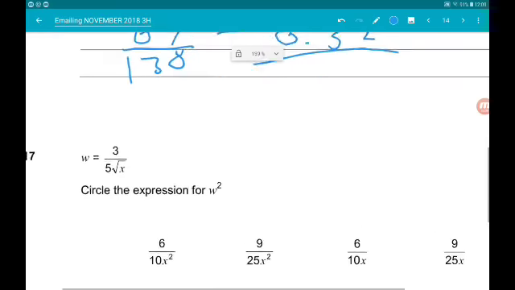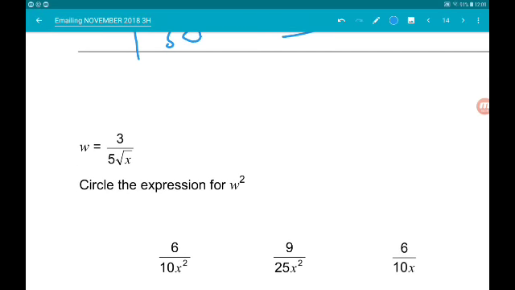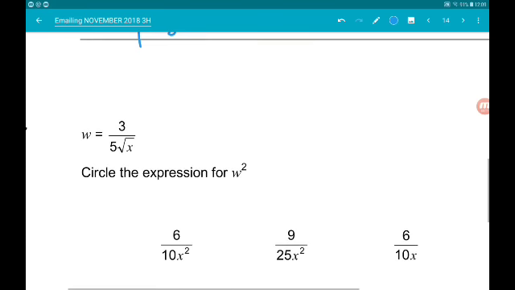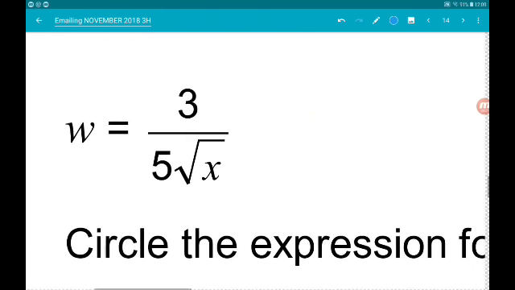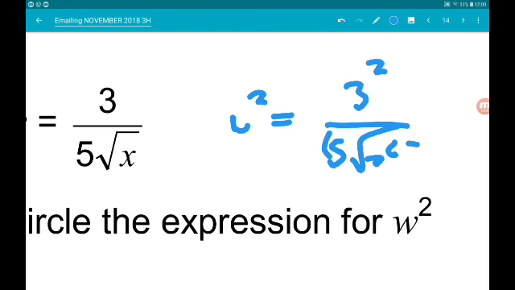Okay, 17. w is 3 over 5 root x. Circle the expression for w squared. Okay, so w squared is going to give us this whole fraction squared. So we're going to get 3 squared over 5 root x squared.